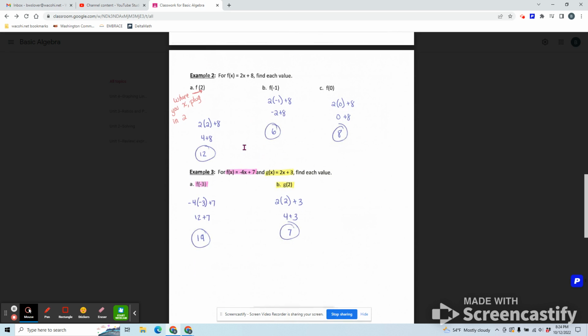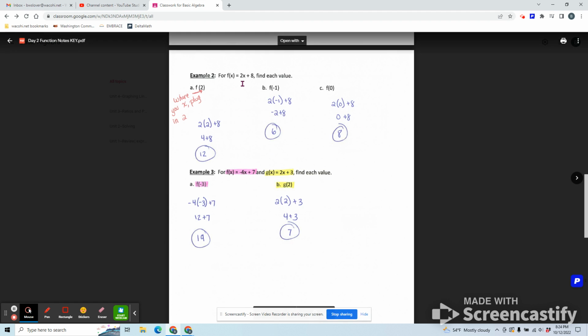Down here, now we're getting into the function notation and how we can apply it. It says for f of x equals 2x plus 8, it's asking you to find the value, and it says f of 2. Right here, I wrote what you're supposed to do.